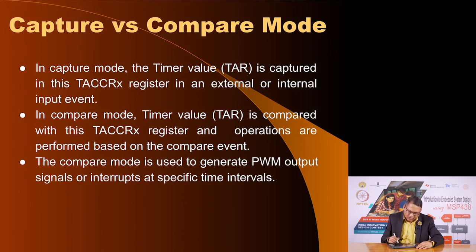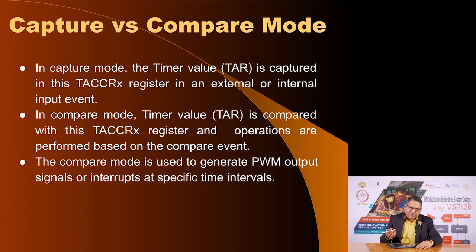In the capture mode, the value of the timer is captured in the capture register, and you can read it thereafter. In the compare mode, you load a value in the register and wait for the timer value to reach that number. When that number is reached, some event will happen, and usually a flag will be set, or if you want, an interrupt will be generated.